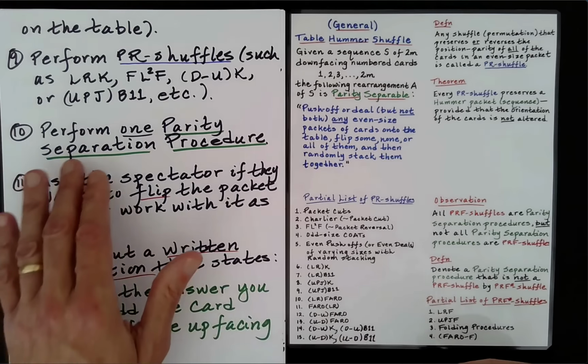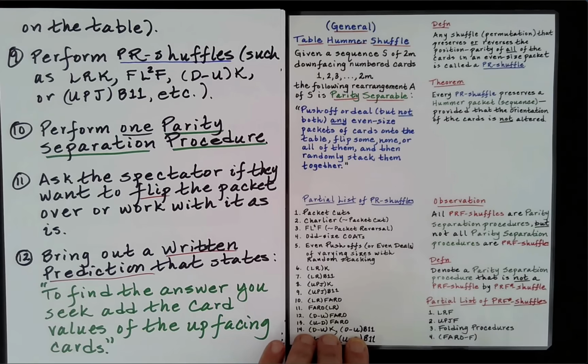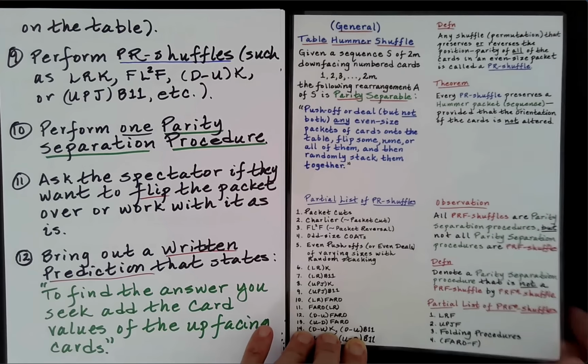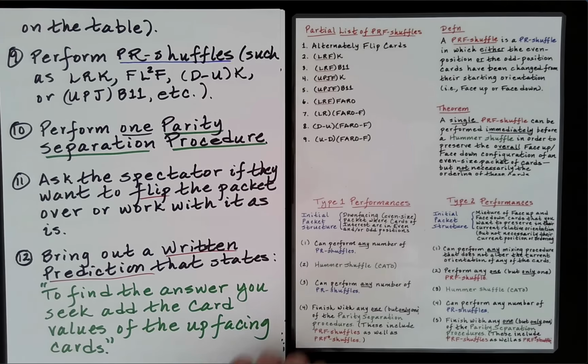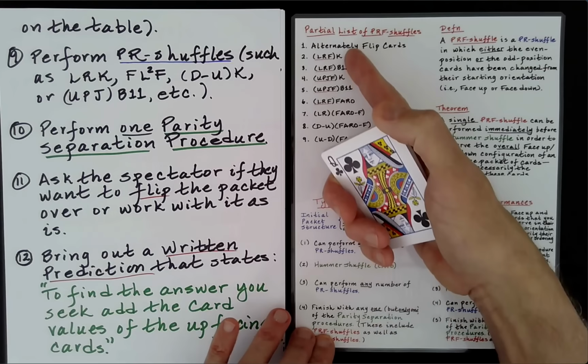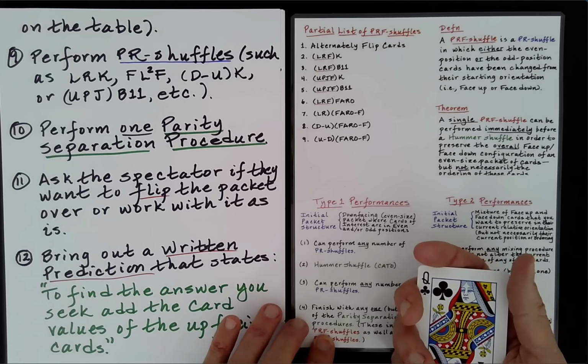And then we need to perform one, and only one, parity separation procedure. So as I mentioned, these are the ones that we've used a lot. There are additional ones here that maybe we can use a different one. Now we can perform any one of these over here that we like, and they will preserve.